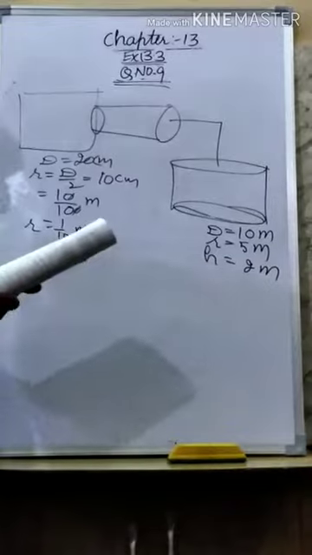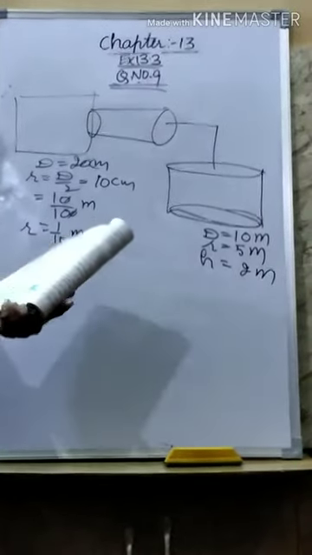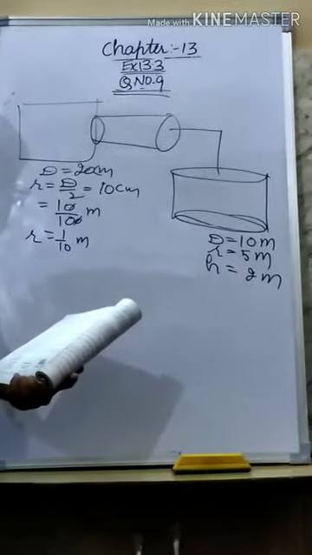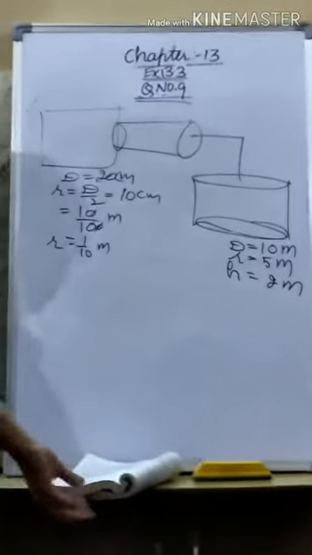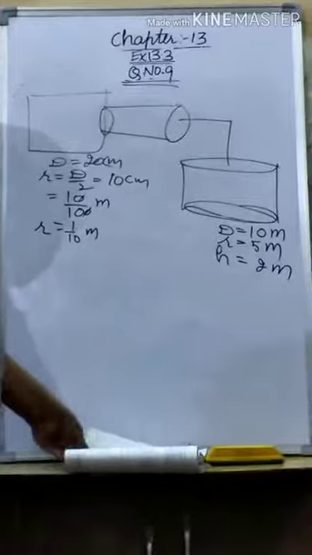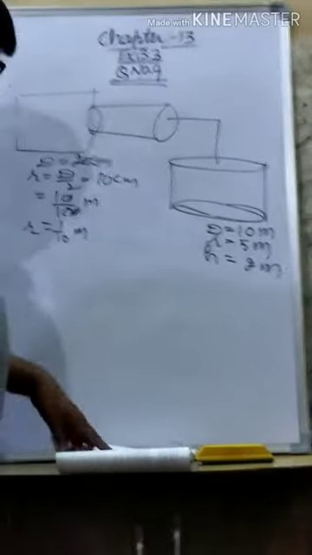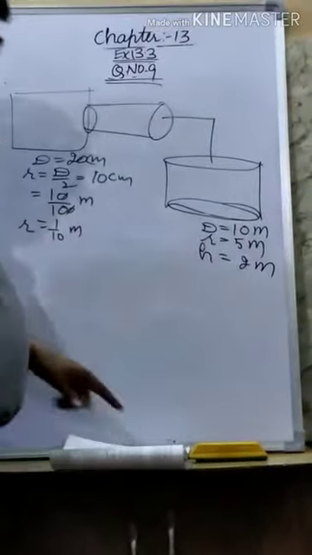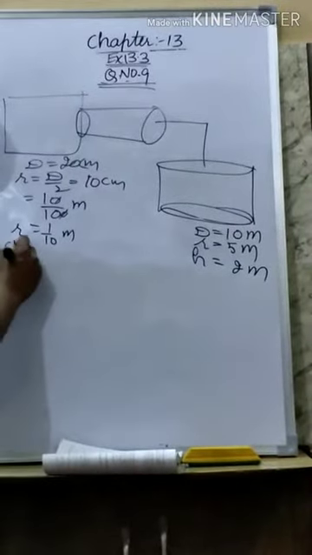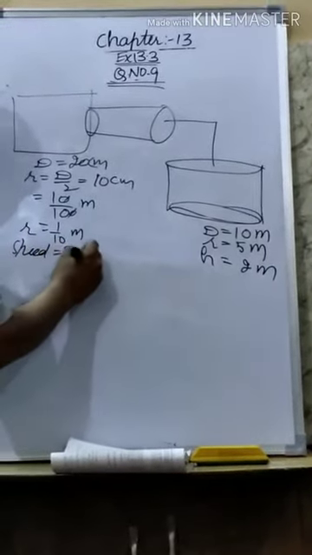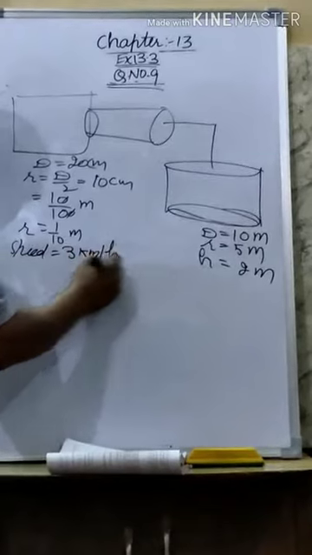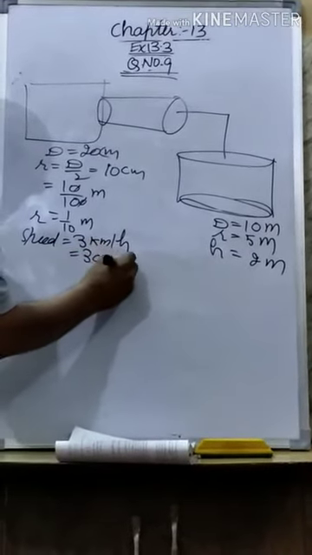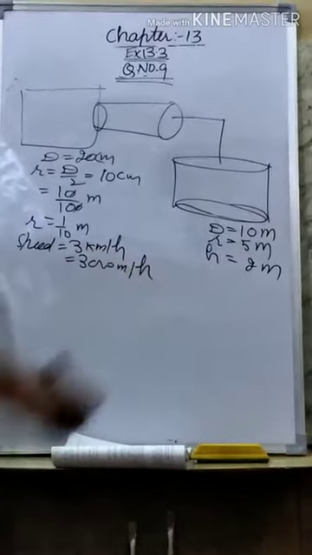And if the water flows through the pipe at the rate of 3 km per hour, in how much time will the tank be filled? So I think the question is clear. The speed of water is 3 km per hour, that is 3000 meter per hour.